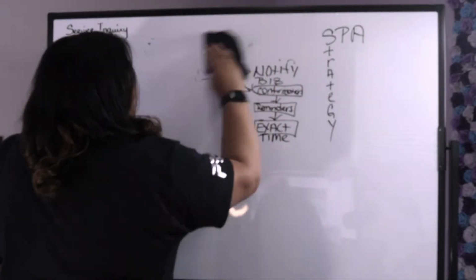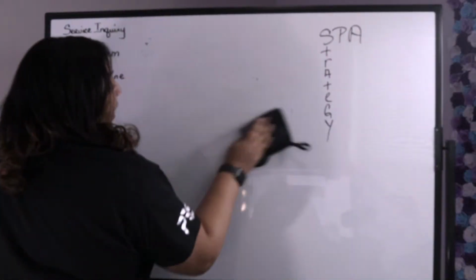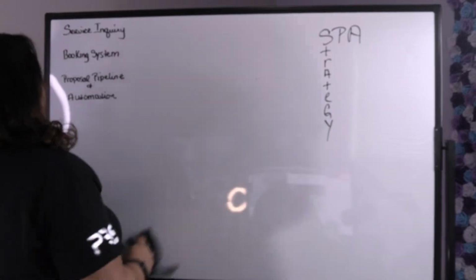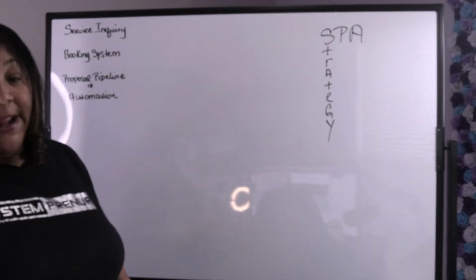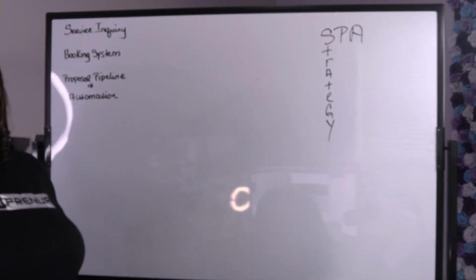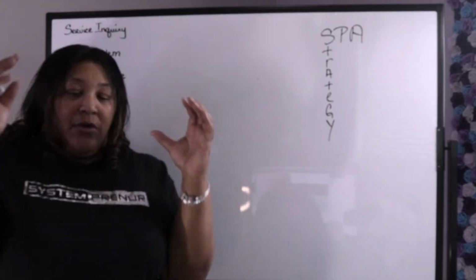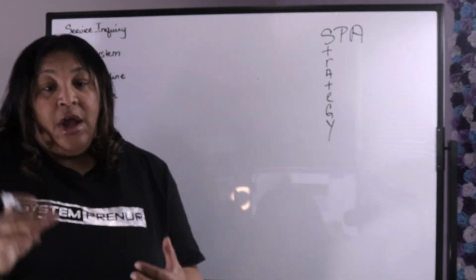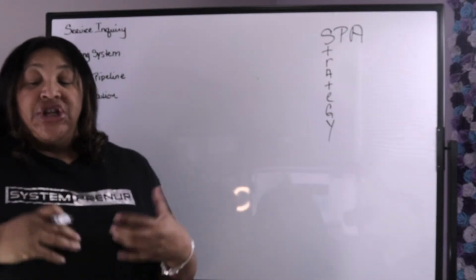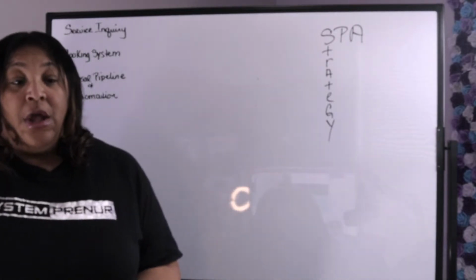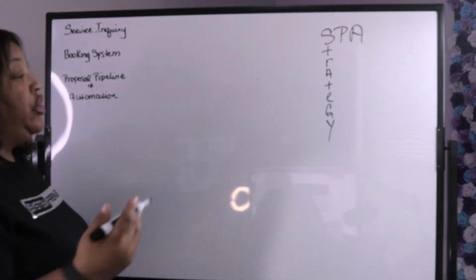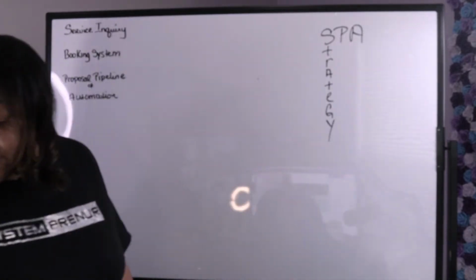So the first thing we want to talk about with that is the proposal pipeline, right? A pipeline is just the categories or the journey that your potential customer will go through.